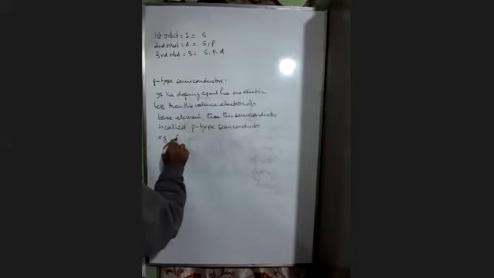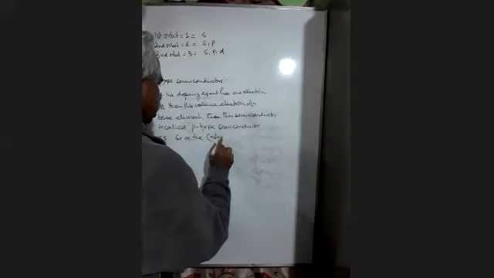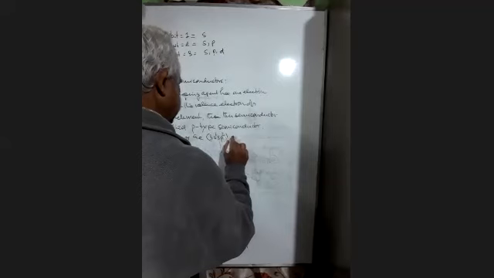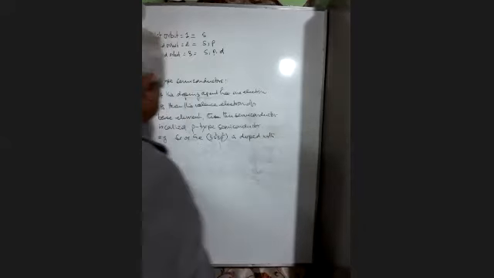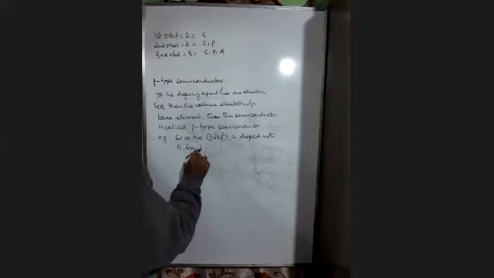Now what example should I write? Silicon or germanium. It is ns2 np2. I'll write here 3s2 3p2, doped with boron, gallium, indium.